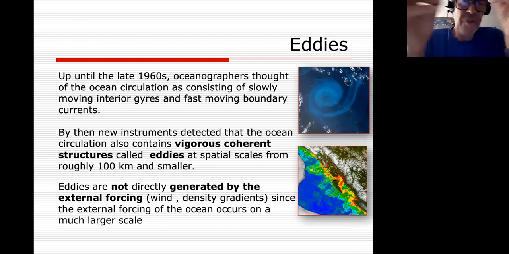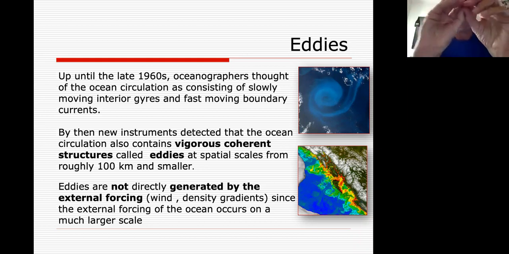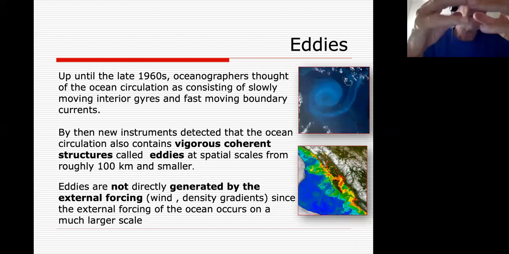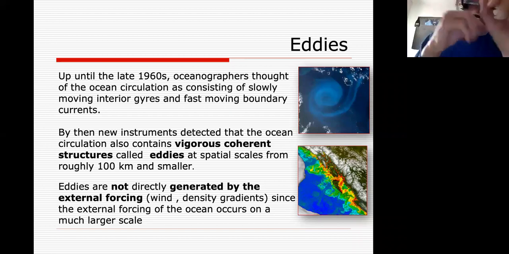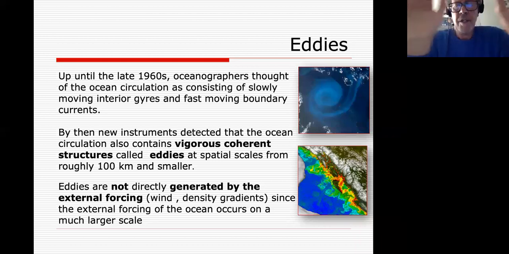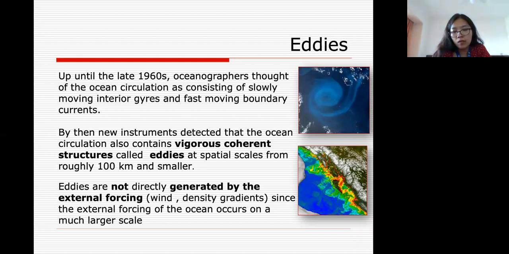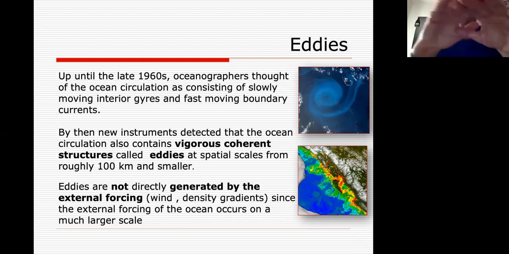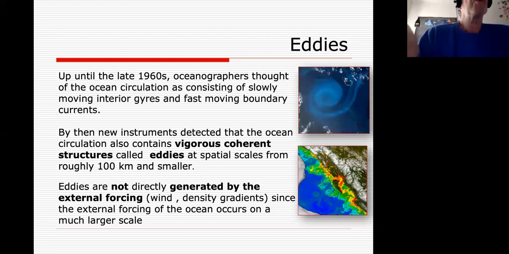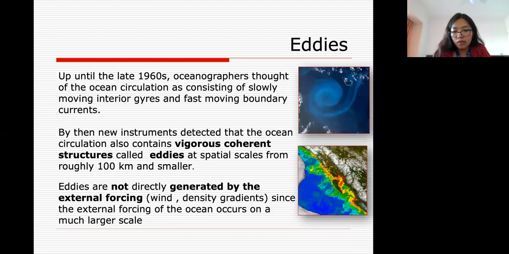Until the first satellite launches and the first picture of the Earth from space, the conceptual model that oceanographers had was essentially related to quite smooth movement of the ocean. You have waves for sure, but all the rest was smooth, slowly moving gyres and fast-moving boundary currents, but a sort of linear ocean, moving very slowly.